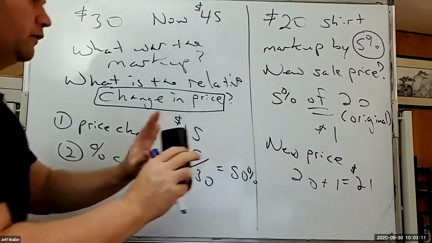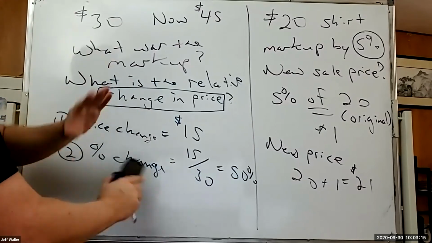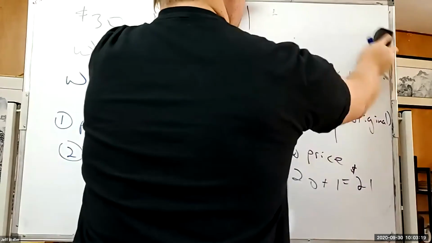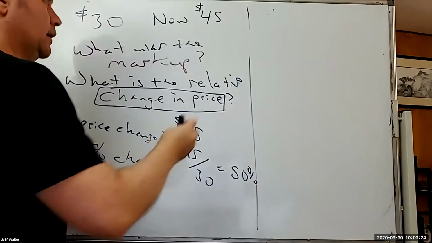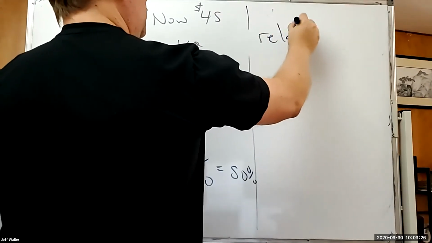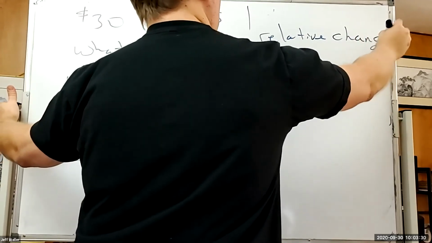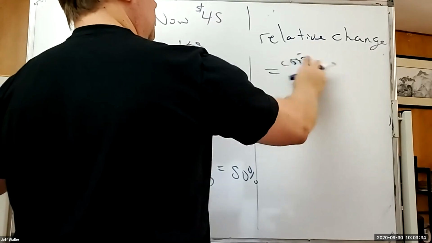So let me give you an official formula, which we didn't really even need here, but I just want to give it to you because some people feel better with the formula. So the idea of relative change equals the original, oh, I'm sorry.